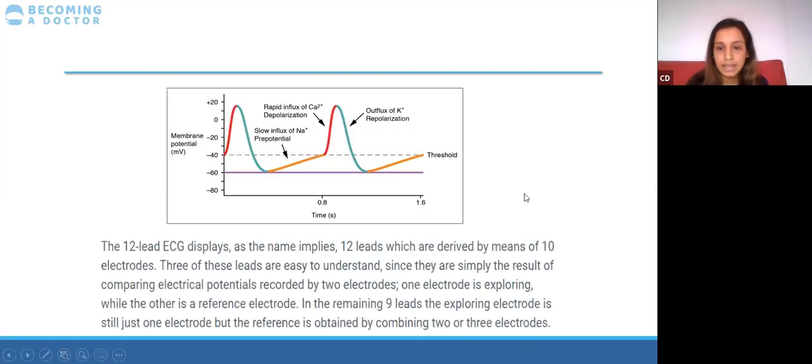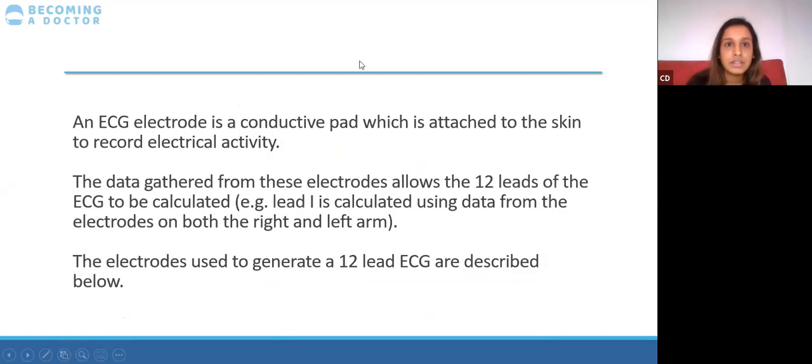As I mentioned here, 3 of those leads are quite easy to understand, as they use only the electric potentials recorded by 2 electrodes, and then the remaining 9 sometimes have 2 or 3 electrodes combined to find the reference electrode. So that's the difference between electrodes and leads.